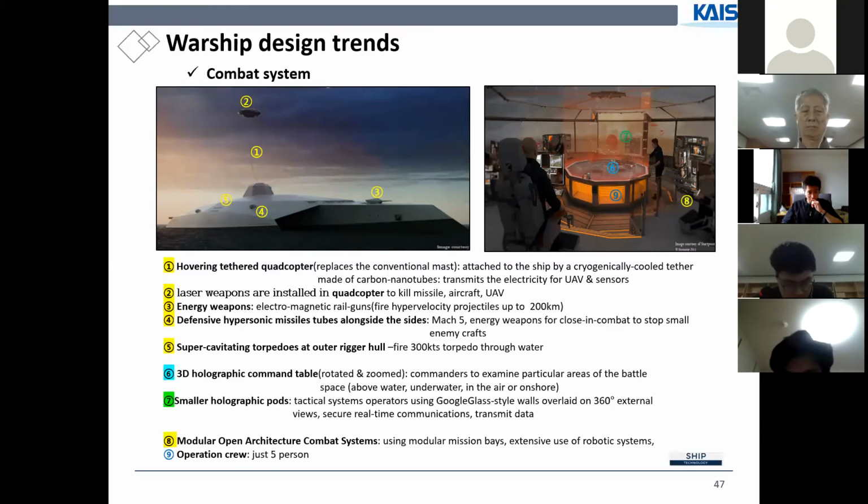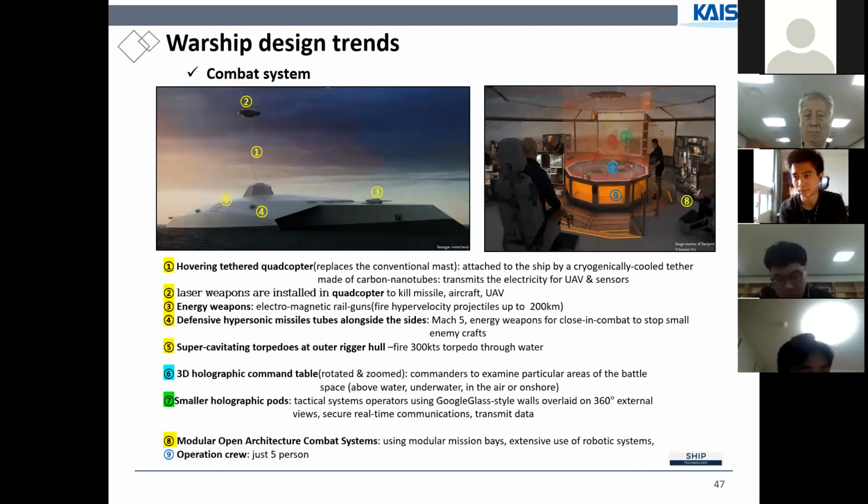This area only fires the torpedoes. 300 knots torpedo in the water, supercavitating. So there are many core technologies inside that. If you're interested in that, you can have the opportunity to develop this new technology.